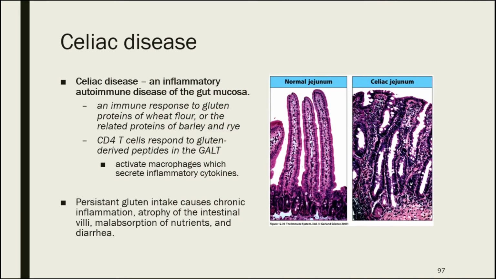And then we have celiac disease. Celiac disease is an inflammatory autoimmune disease which you will likely learn about in the GI module, I hope. It is an immune response to gluten proteins of wheat flours, and particularly those related to barley, rice, bread, basically bread.